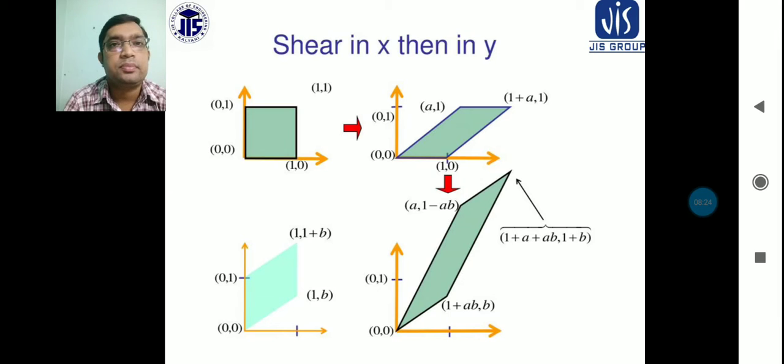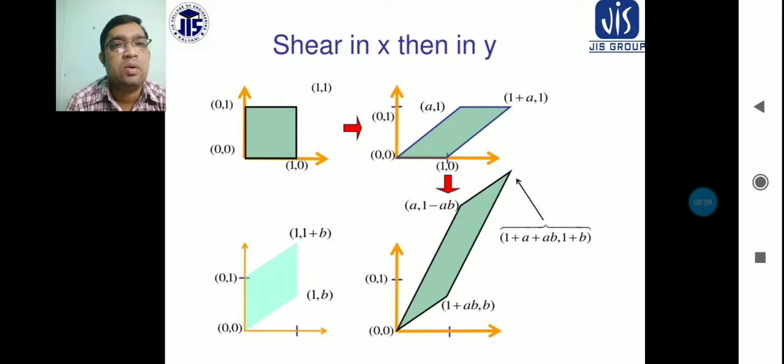From here to the sheared shape, the origin 0 0 stays, the horizontal point 1 0 stays, and the vertical point 0 1 is shifted by a distance.